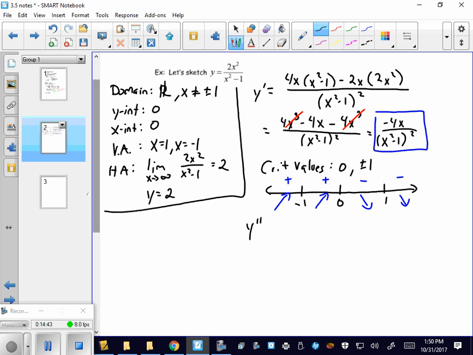Second derivative, I'm going to take from this guy right here. I'm not going to try and take it from any of the other pieces. It's way easier. So it's still a quotient rule.